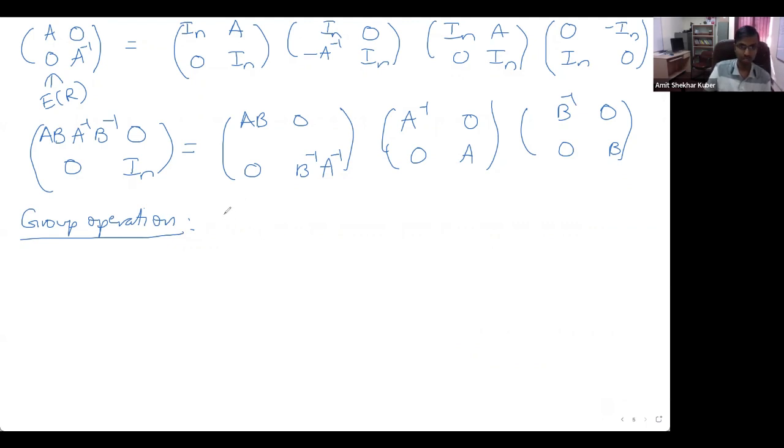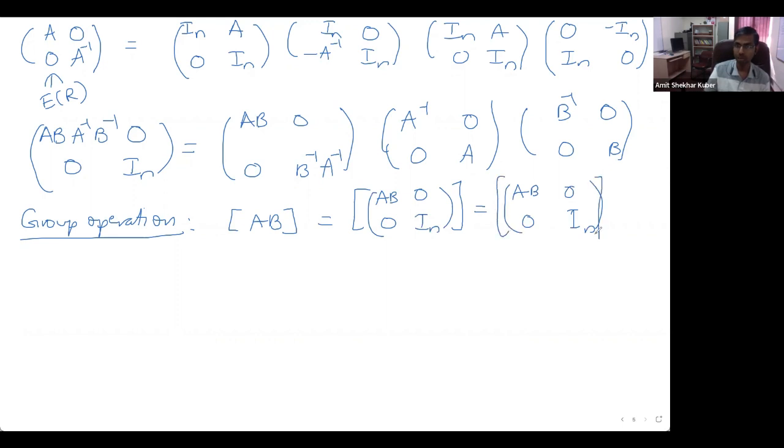So see what happens. The class of AB is the same as the class of AB padded with 0 0 1, or I, whatever you prefer, IN. This is simply padding. We are just landing in the higher dimension. And now this particular matrix, we are working inside the quotient, so you can multiply it with any element of ER.